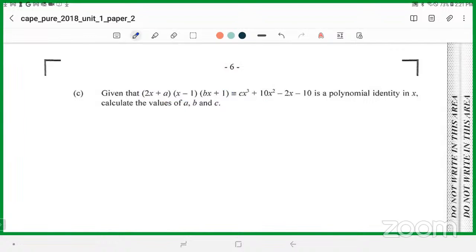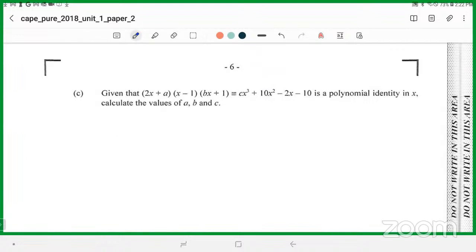So we're going to look at this times this times this equals that. That's the first thing we're going to say. So we're going to say 2x times x times bx equals cx cubed. Really it's the coefficients; I didn't need to put the x values on the coefficients. So let's look at it that way.